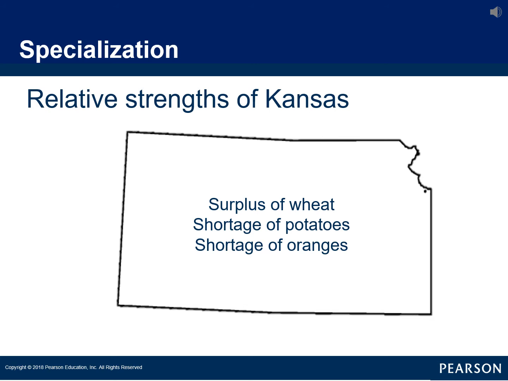So for example, much of the wheat that is produced in the United States is produced in Kansas. So Kansas grows lots and lots of wheat. They do not grow hardly any potatoes, and they do not grow hardly any oranges. So Kansas has a surplus of wheat, but they have a shortage of potatoes and oranges.